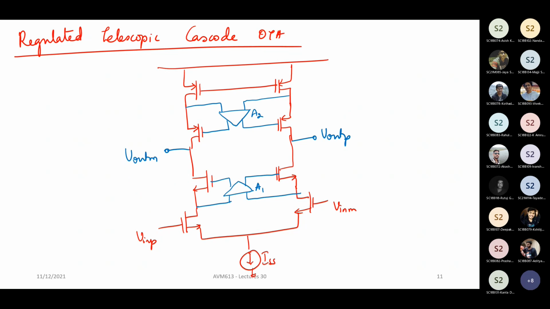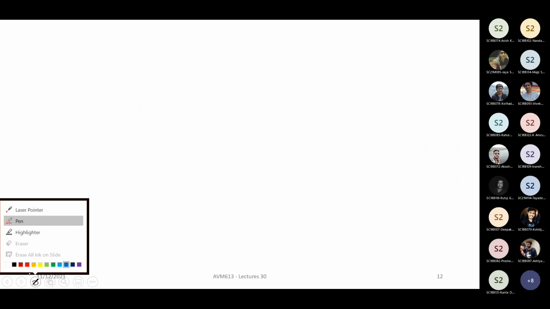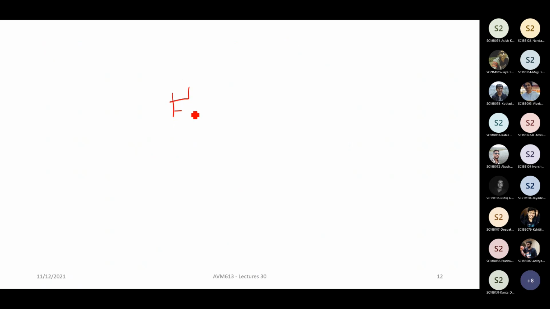So now that we are talking about a differential system, basically you can have a differential op-amp being used here, right? If you take only, let me just draw only the bottom section so that it's not too cluttered. Okay.